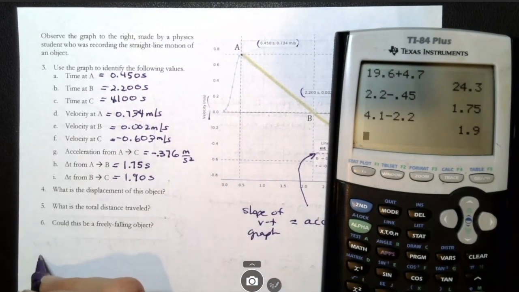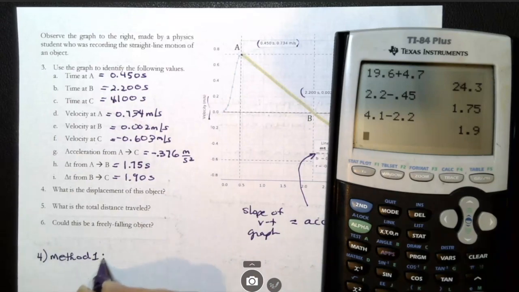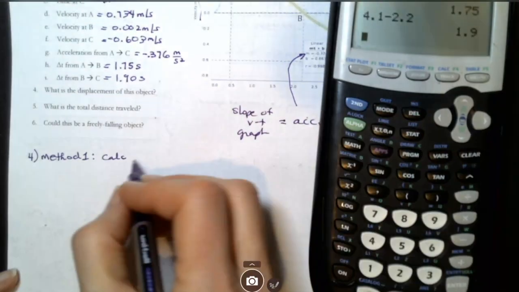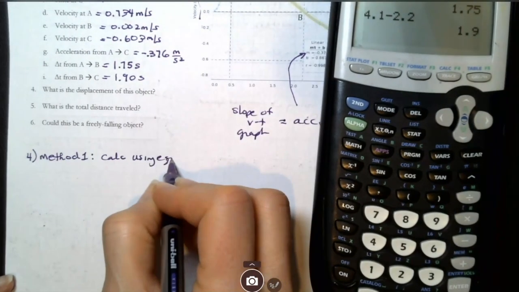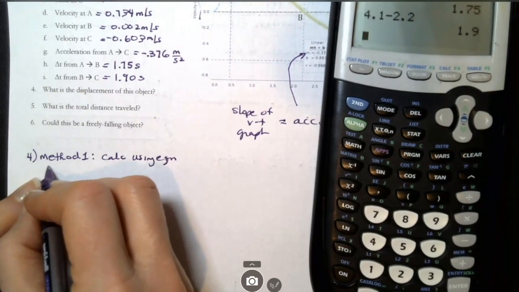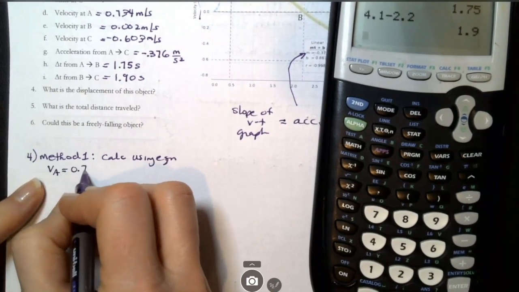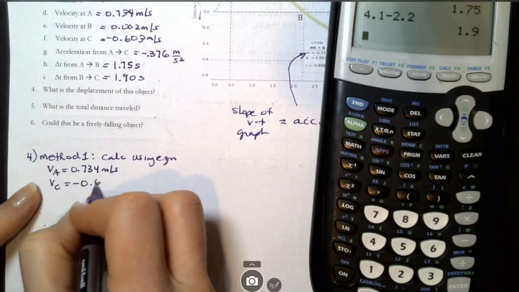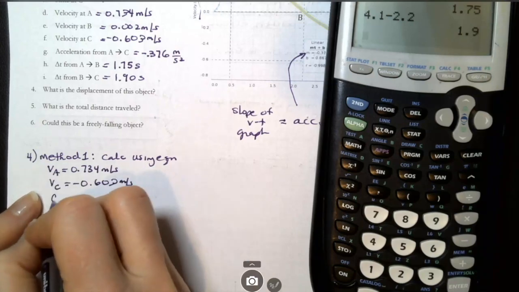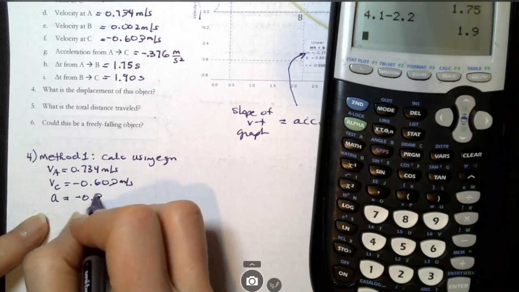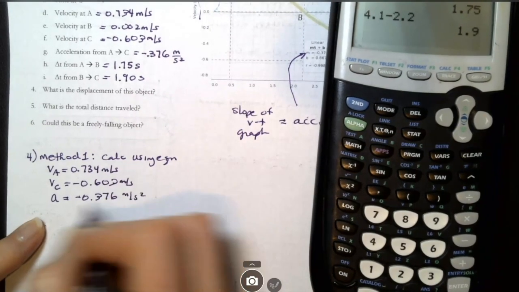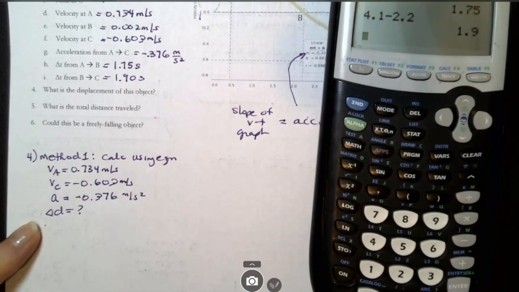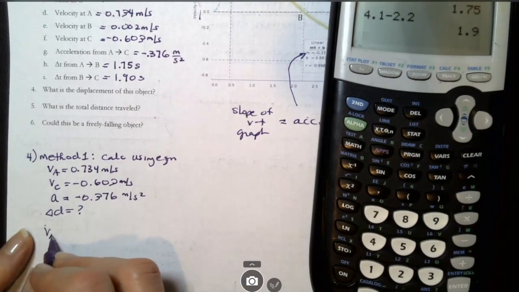So for example, method 1 would be using an equation. You'd say that VA is 0.734 meters per second. VC is negative 0.603 meters per second. Acceleration is negative 0.376 meters per second squared. And now you can find delta D.